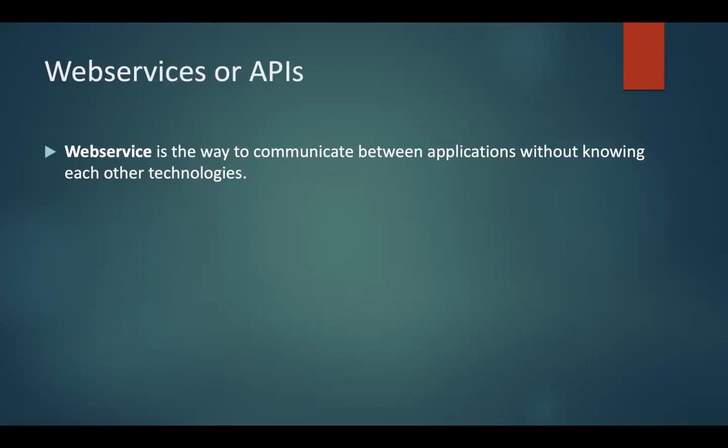So a web service is the way to communicate between applications without knowing each other's technologies. If an application has APIs, you don't need to know which technology they used to build it. You can simply use their APIs to push the data, pull the data, update the data, and fetch the data.